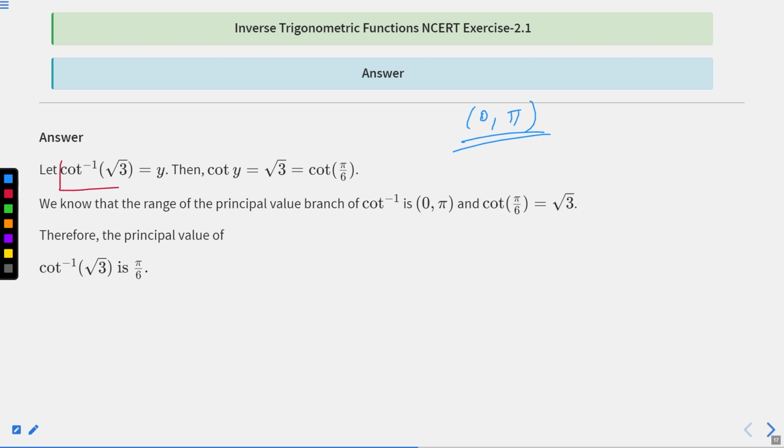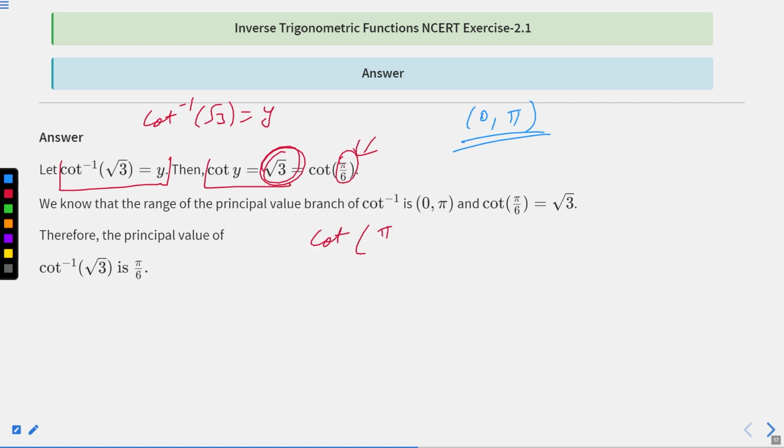Cot inverse root 3 is equal to y, then rewrite it as cot of y is equal to root 3, and at what value does cot give the output of root 3? When you give the input of pi by 6, your output will be root 3. So cot pi by 6, the output will be what?